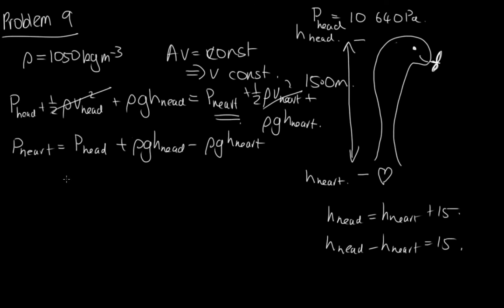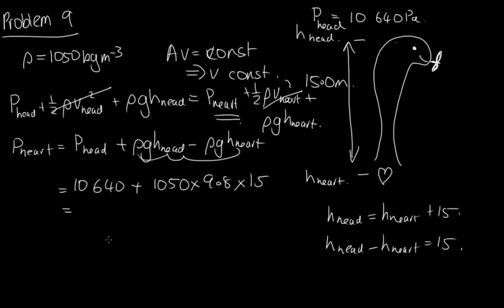So we've got that the pressure in the heart is equal to the pressure in the head, which is 10,640, plus rho g h, rho is 1,050, g is 9.8, and then we've got the height of the head minus the height of the heart. So combining these two terms, taking the rho g out as a common factor, and then using h head minus h heart is 15, we can put 15 in there.